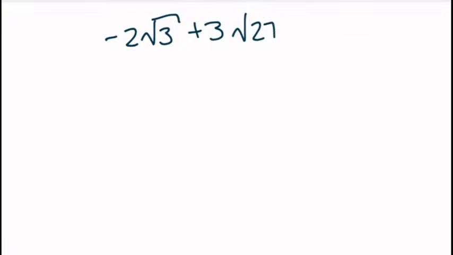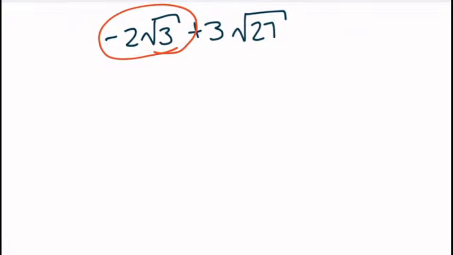Moving on to our next problem, we have negative 2 radical 3 plus 3 radical 27. So at first glance, you can tell that this first term is simplified down because of radical 3.